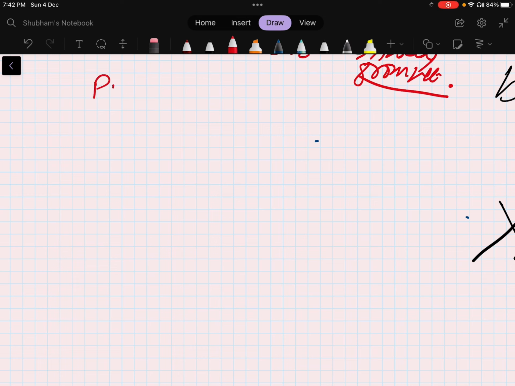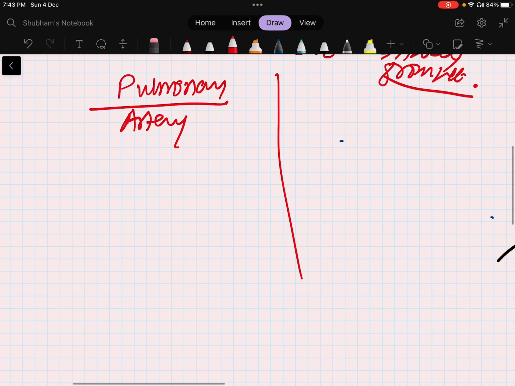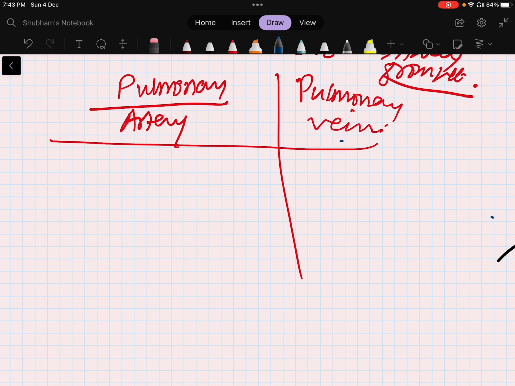So when you differentiate between pulmonary artery and pulmonary vein, the vein is the one which is taking blood towards the heart, and the artery is taking blood away from the heart.